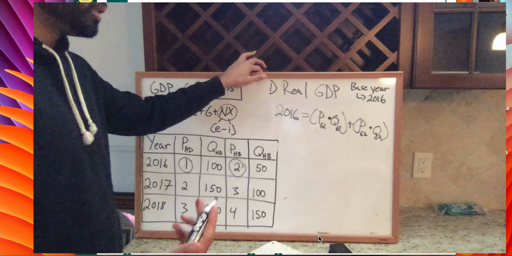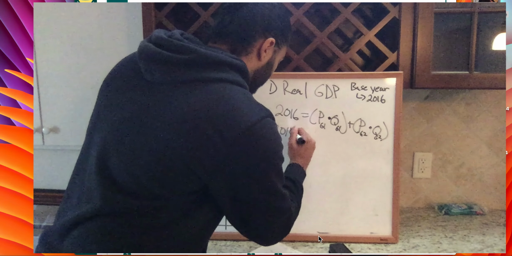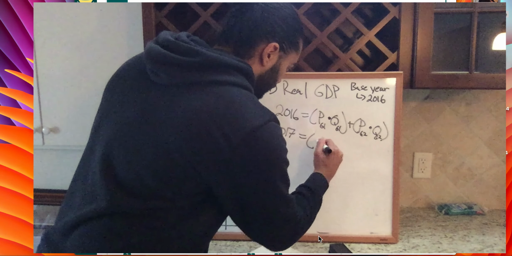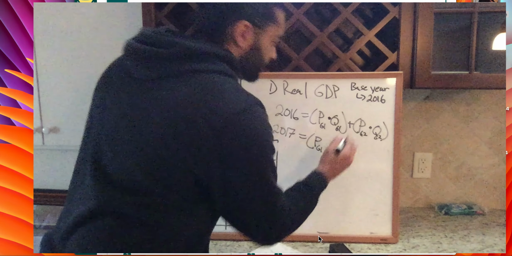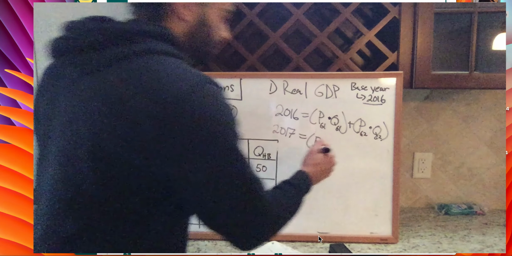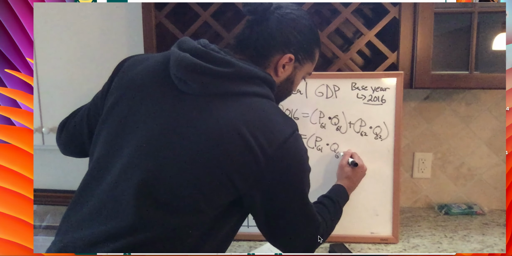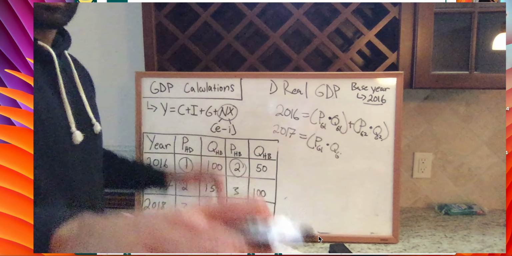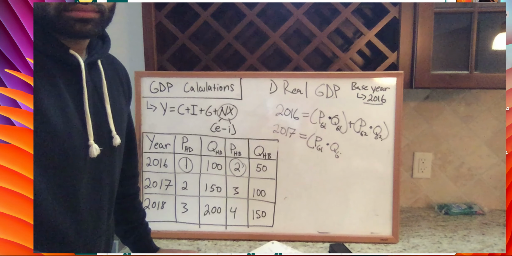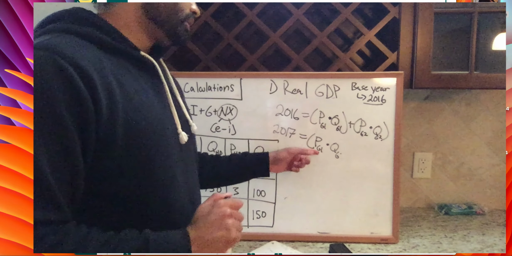Now, this is where we still use the same prices. So if we were to do 2017, it would still be the price of good 1. Again, this is your base year. So those are the base year prices. They're going to stay the same, multiplied by the quantity of good 1.